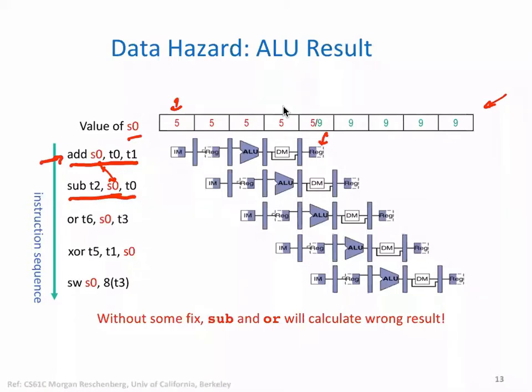We are using S0 right here at this point when we are doing register reading. Here we are reading S0 and also T0. So we can see that the data is available later. The value of S0 is available here while we are using it at this point, when the time is going this way, right? This is a time axis.